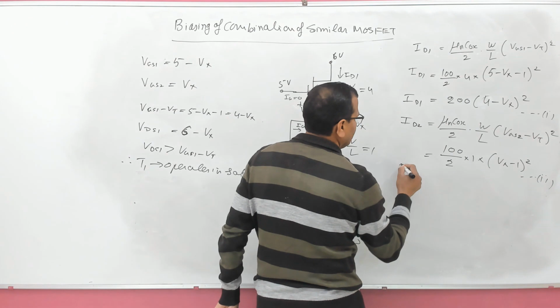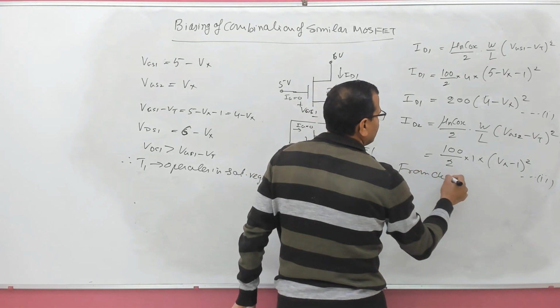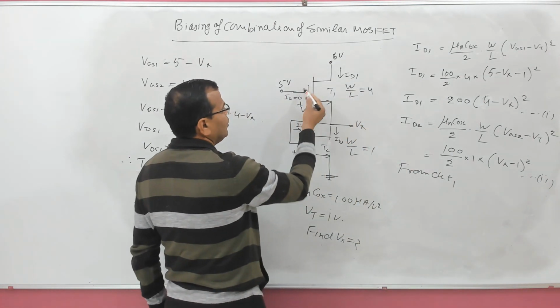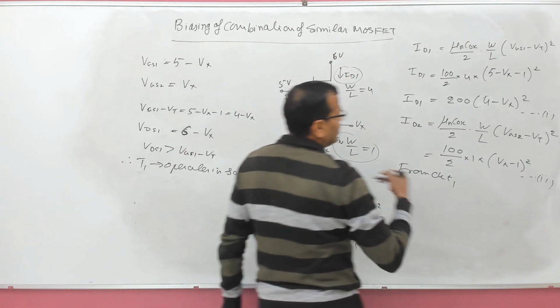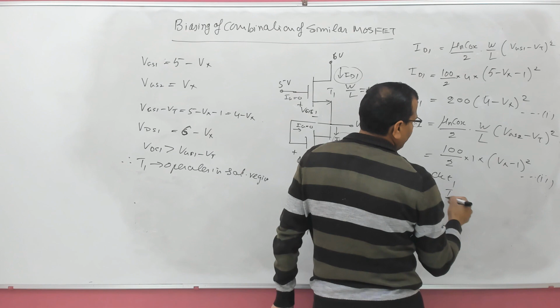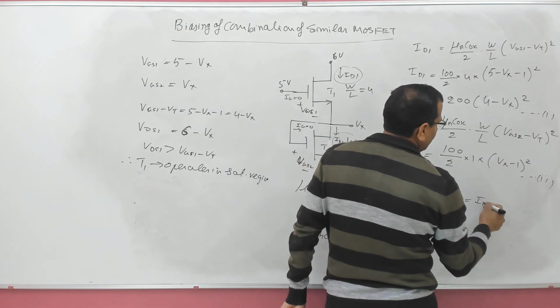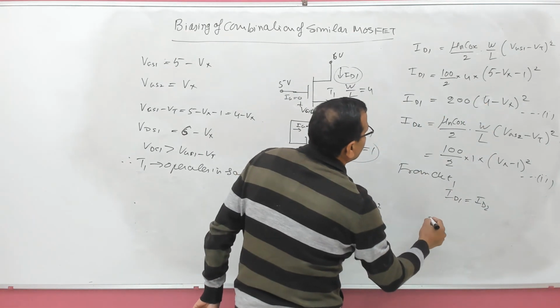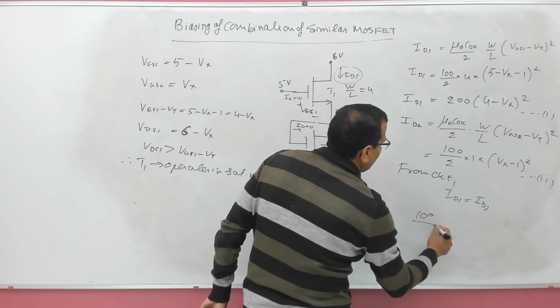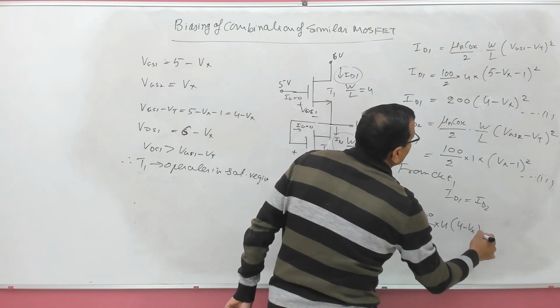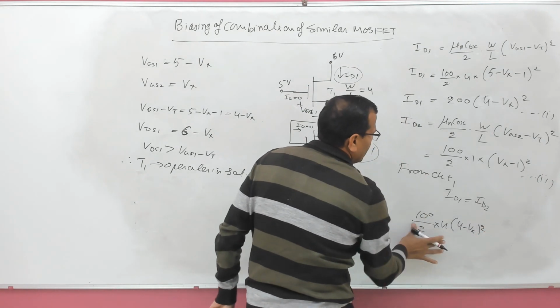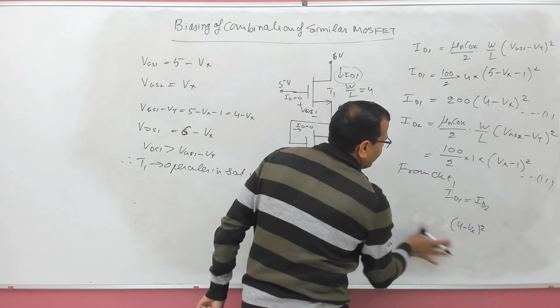But from the circuit you can see this is 0, this is 0. So whatever drain current is here must be the same as this current ID2. So ID1 is equal to ID2. When you put here, ID1 is 100 by 2 into 4 minus Vx whole square, or rather than writing this, I'll write 200 here.